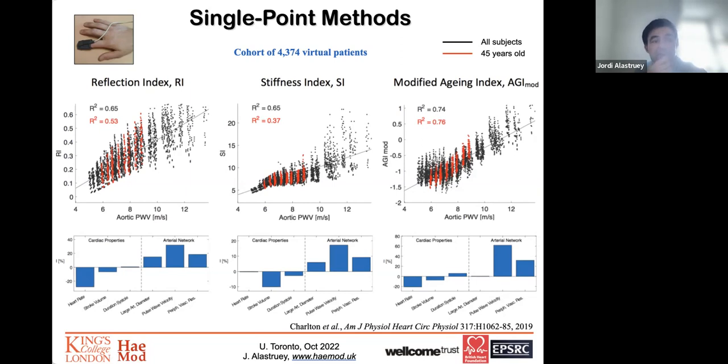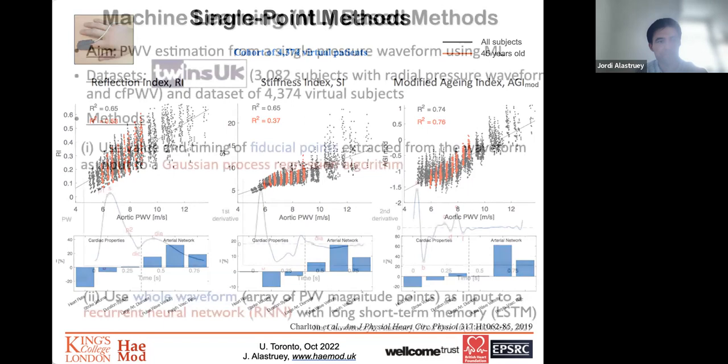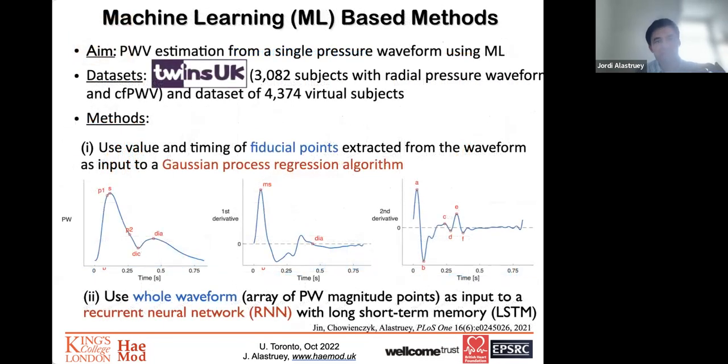Our results also suggest that clinical studies should investigate the utility of pulse wave indices over a small age range as well as over the entire cohort. We have also investigated machine learning methods applied to a single pulse waveform. In this study, we used the radial pressure waveform to predict aortic pulse wave velocity using both in silico and in vivo pulse wave datasets.